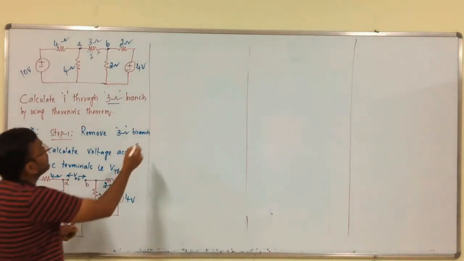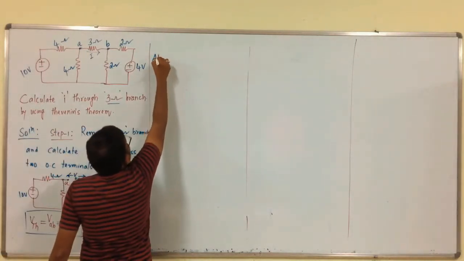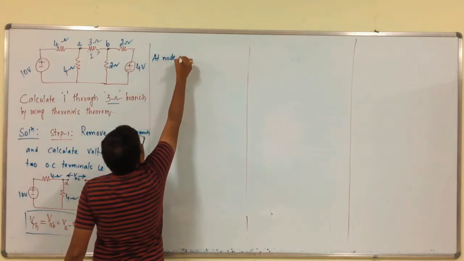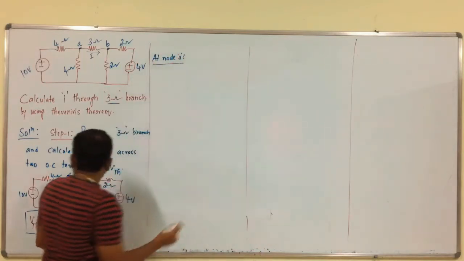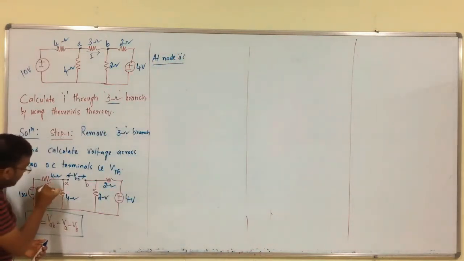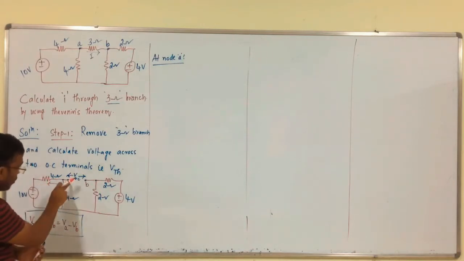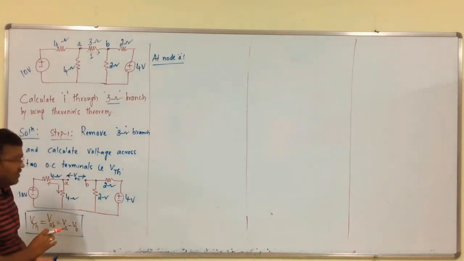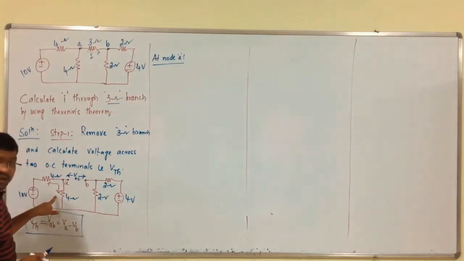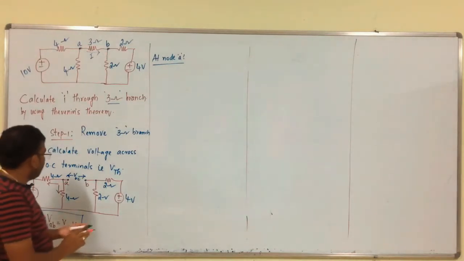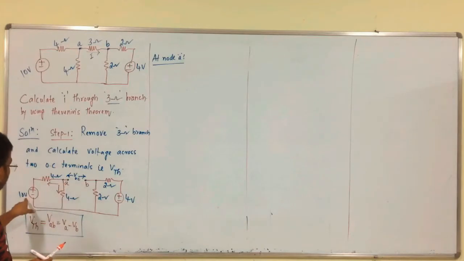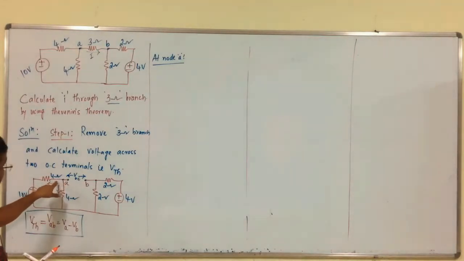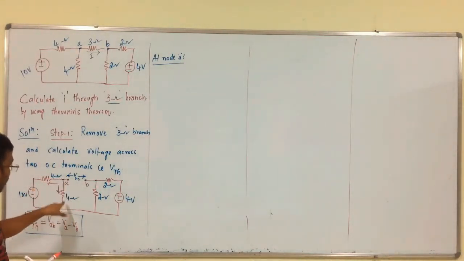At node A, this is the current leaving from here, this is the current leaving from here, and there is no current through this because these two terminals are open circuited. So, we have two leaving currents. KCL: I1 plus I2 is equal to 0. So, (VA minus 10) by 4 plus (VA minus 0) by 4.